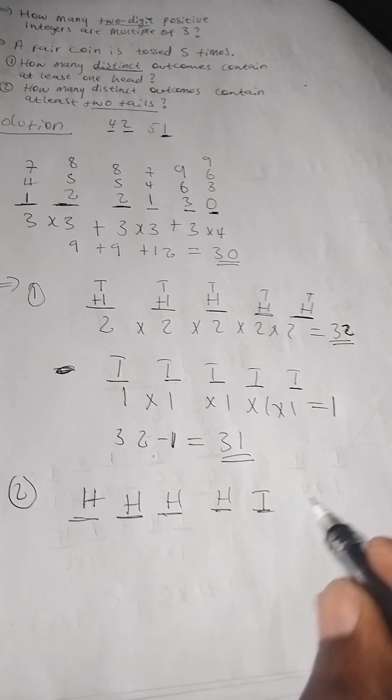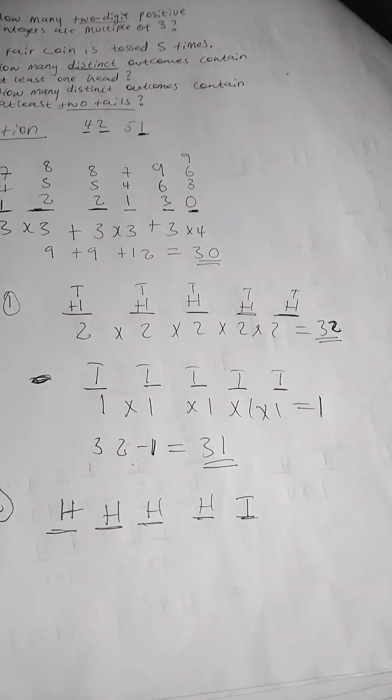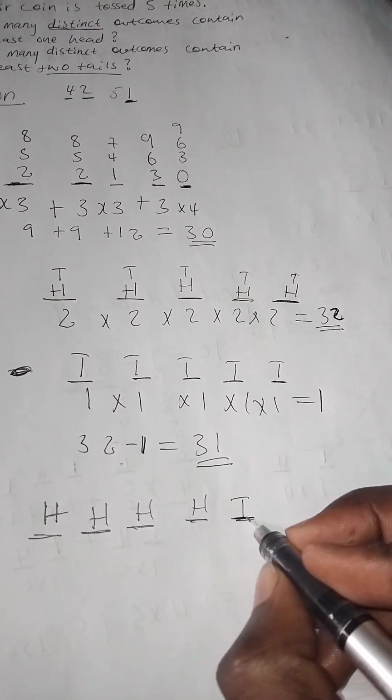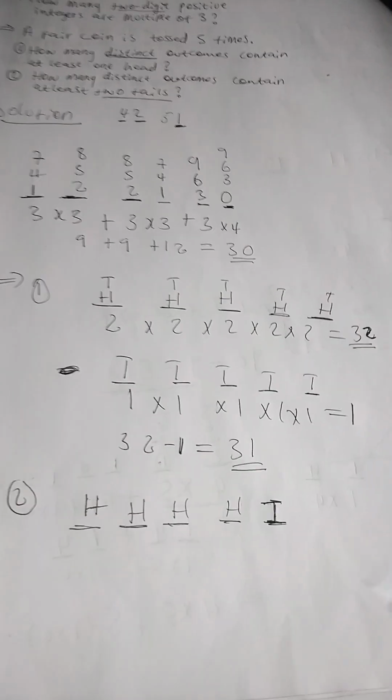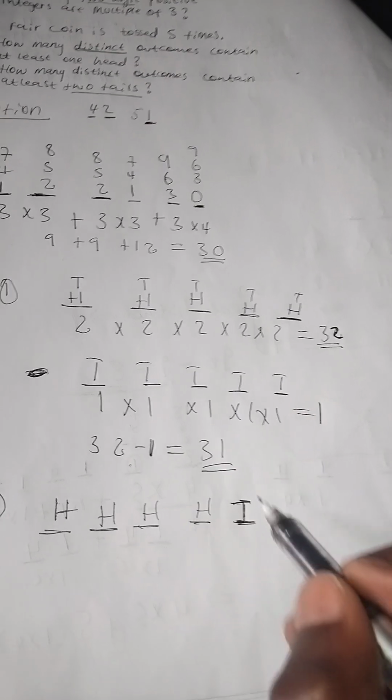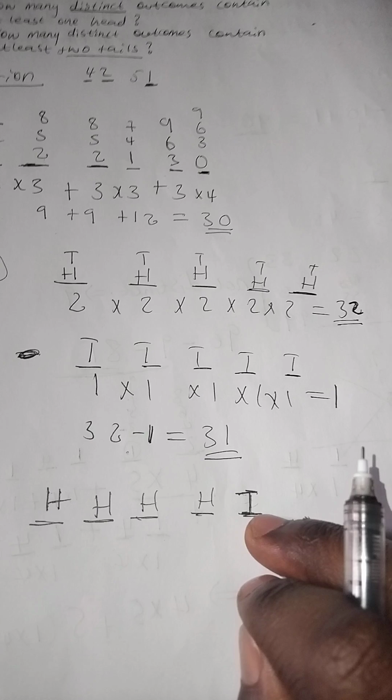Okay, so that implies if we subtract this combination, it's going to make the problem simpler. Notice that this tail here is not fixed.